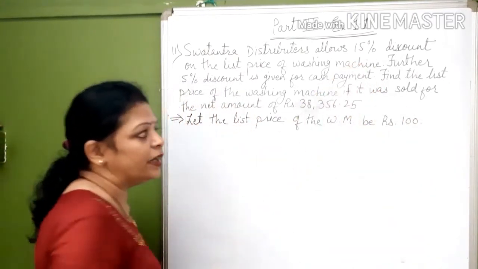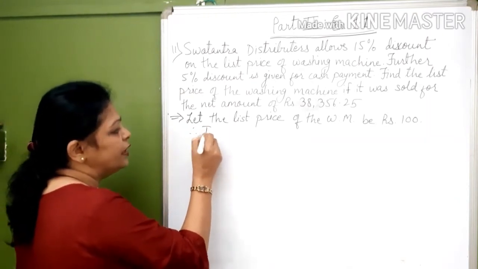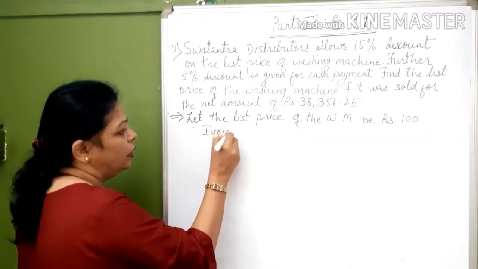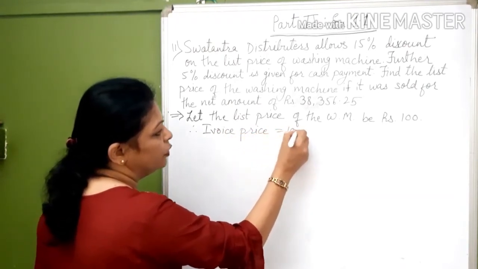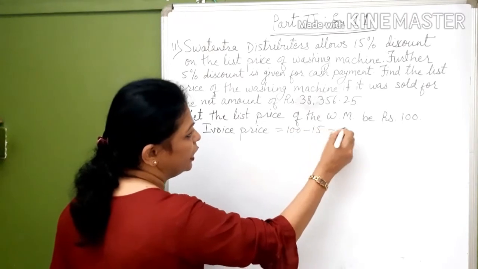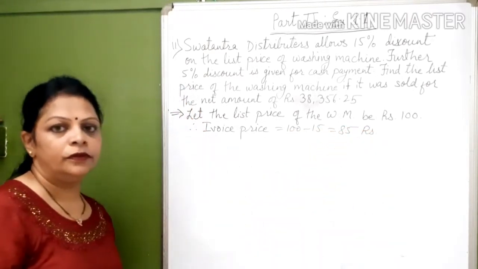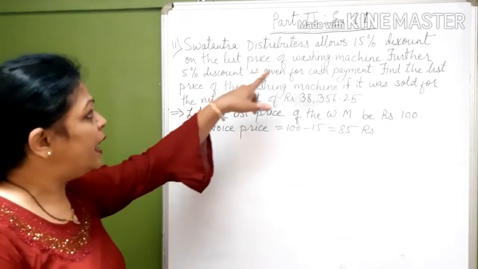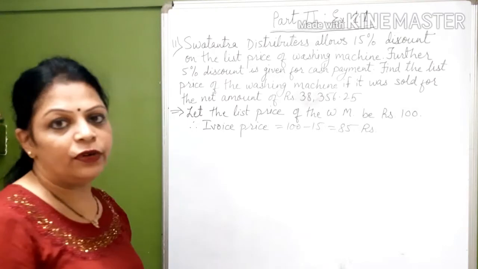Now on this you get 15% discount. So therefore the invoice price will be equal to 100 minus 15, that is 85 rupees. Are you getting it? Now this 5% discount will be calculated on this 85 rupees.